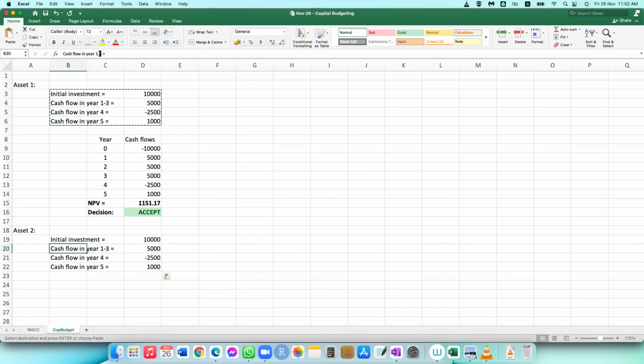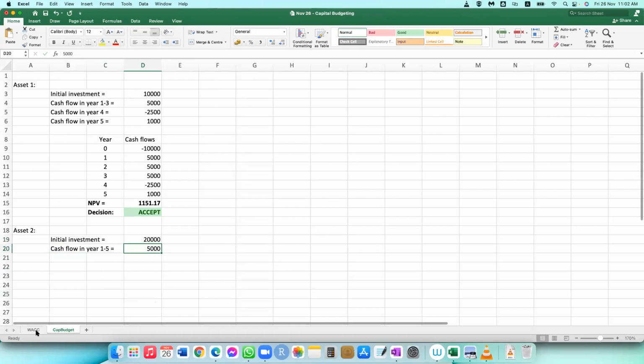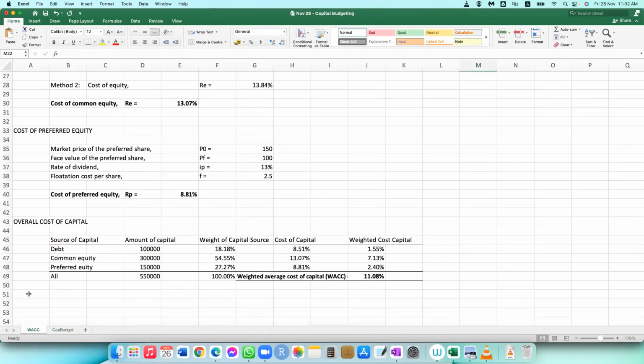In that case, the cash flows are from year 1 to 5, all cash flows are equal, and the initial investment is 20,000. And the weighted average cost of capital, that is always the discount rate, we have already got that.